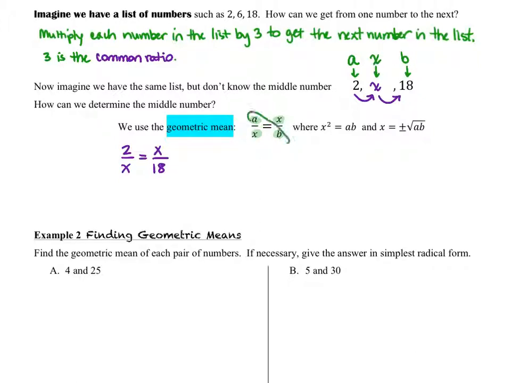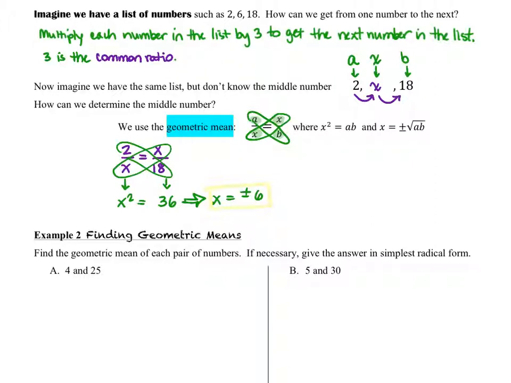And we remember solving proportions. We can use the relationship that we see right here to come up with x squared is equal to 36. And we know that that's going to mean that x is equal to plus or minus 6.